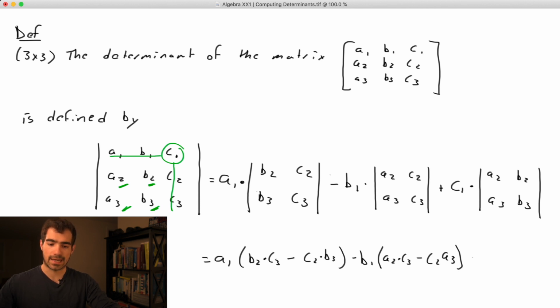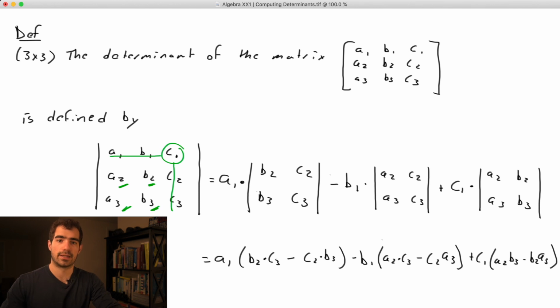And then finally adding C1 times the determinant of our last matrix, which would be the product of A2 and B3, minus the product of B2 and A3. And so that entire expression would represent the determinant of a 3x3 matrix.